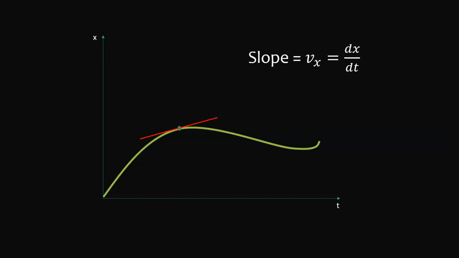So if you know the mathematical function that describes this curve, you just get the derivative of that function, and then you will get the formula for the slope. And by getting the formula for the slope, you will get the instantaneous velocity for that particular time.